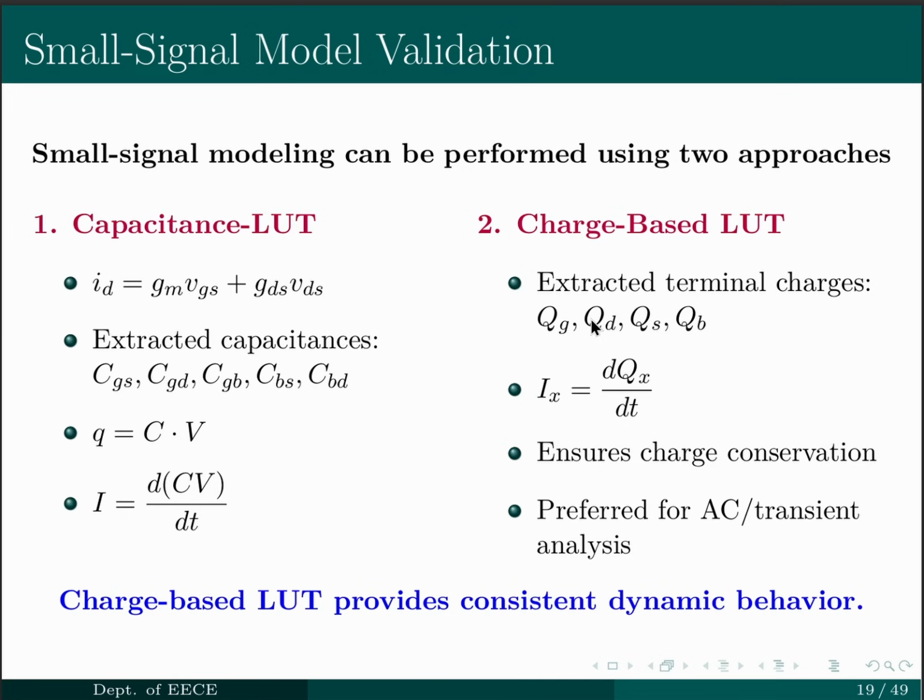In the capacitance based LUT, the small signal current is modeled with the help of GM and GDS, and for the accuracy of bandwidth, the extracted capacitance is included in the model, and the small signal current is extracted with the equation C dV by dt. In the charge based LUT, it directly extracts the terminal charges from the simulator, and the small signal current is simulated with the help of dq by dt.